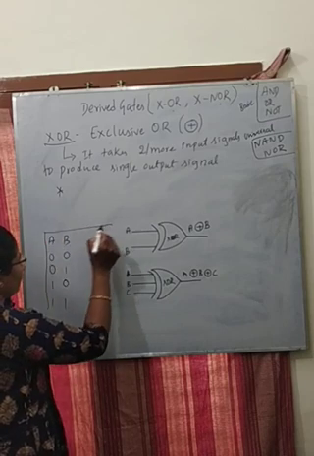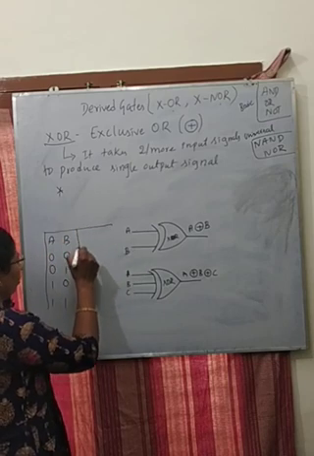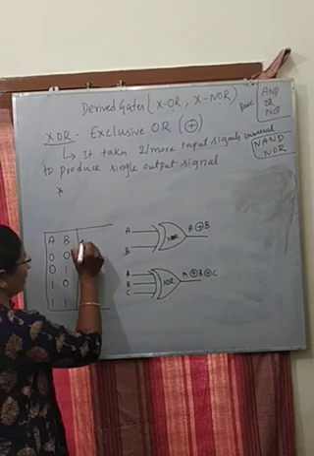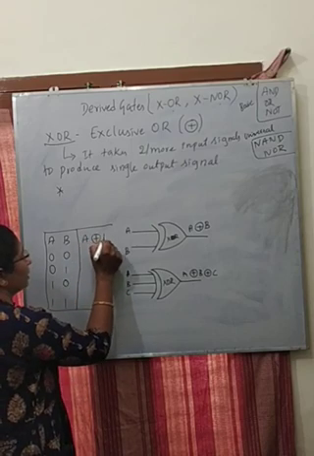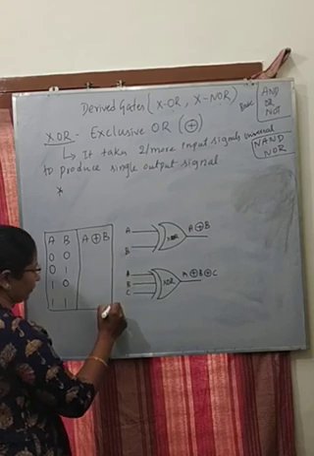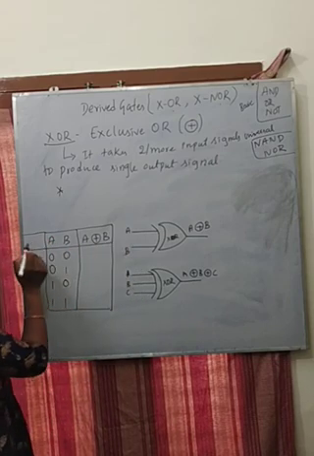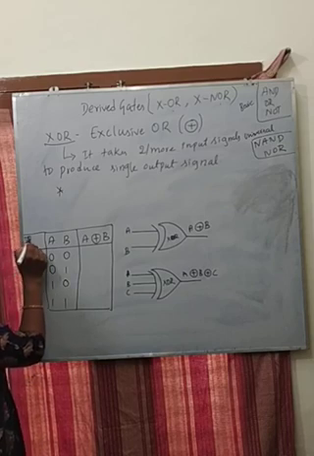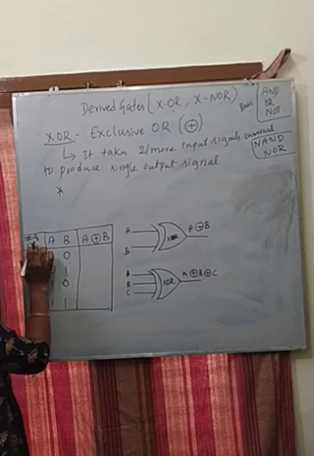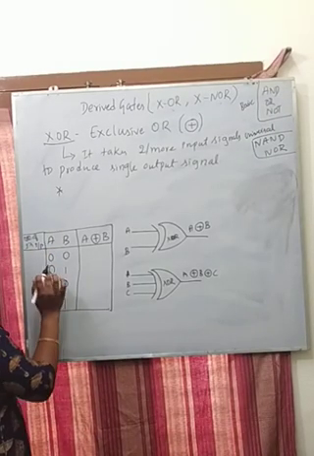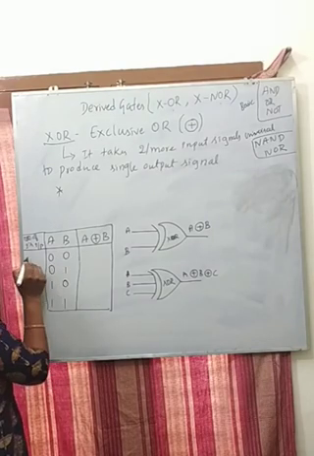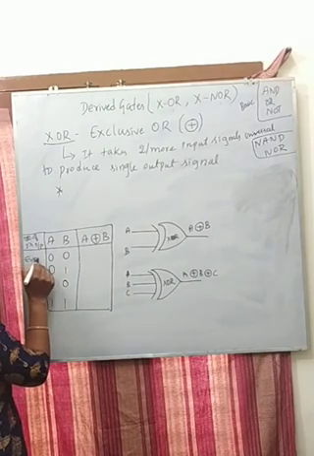What output are you expecting? A XOR B. The output depends on the number of ones in the input. How many ones are there? There are none, hence it is even.